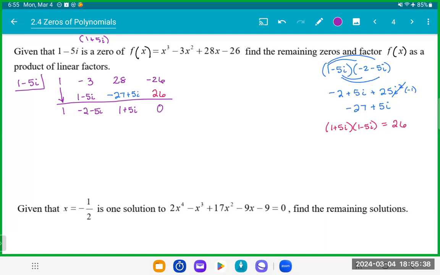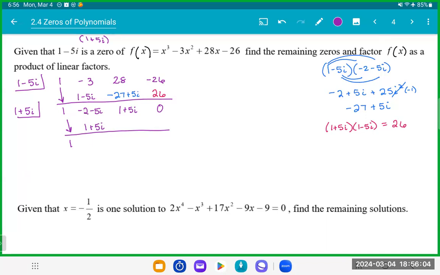So now, based on this, just like we did on the previous ones, we can do our conjugate pair. Remember, our conjugate pair is 1 plus 5i. So now we can do that for this problem. So we bring this down and we have the 1. So this is 1 plus 5i. So now you can see I have a 5i in both terms, so I can do the math on those.